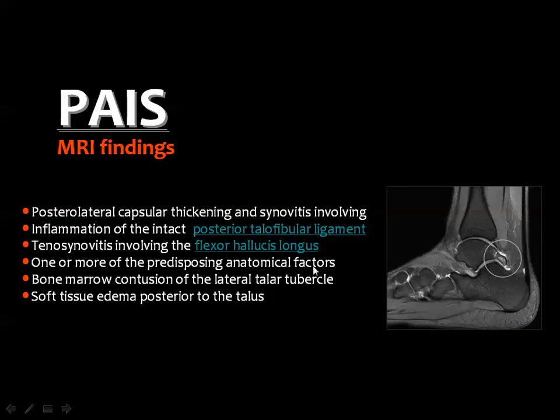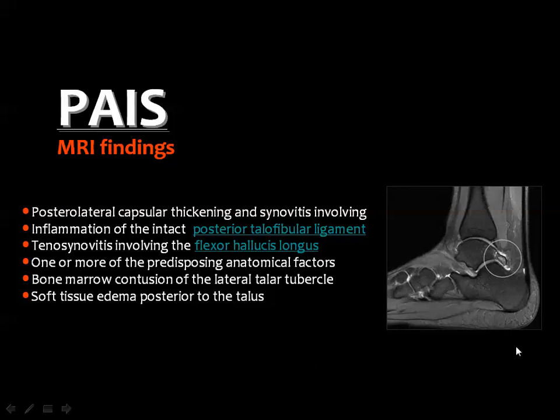Then, associated with impingement, there may be retrocalcaneal capsular thickening and synovitis. You get some inflammation around this elongated Stieda process of the talus, and you get some fluid around, and also you may see bone marrow edema of the process itself.